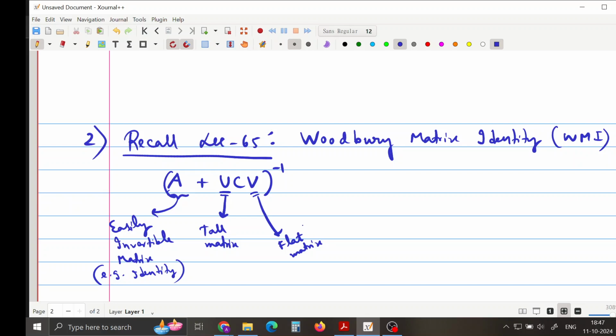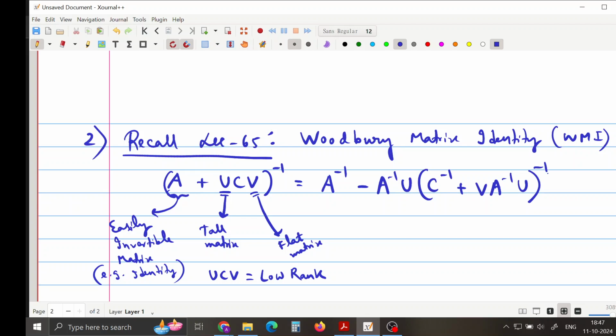Okay, and overall this UCV has low rank. Under this condition you can use the WMI, the Woodbury matrix identity, which is equal to A inverse minus A inverse U times (C inverse plus V A inverse U) whole inverse times V A inverse.